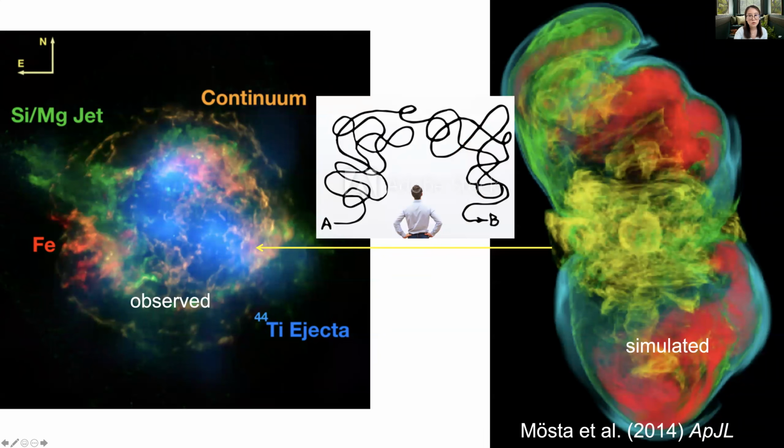So you may be questioning this simplified onion shell structure because in reality, after the explosion, the observed supernova remnant looks much more complicated. Such an asymmetric structure, in fact, can be simulated by current state-of-the-art 3D magnetohydrodynamic supernova models.